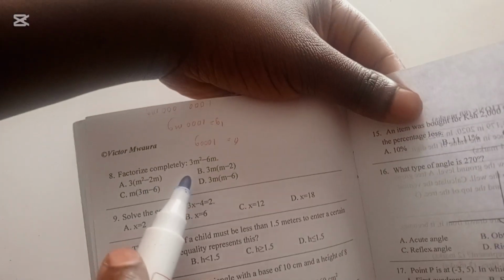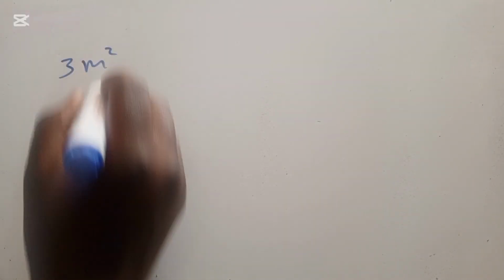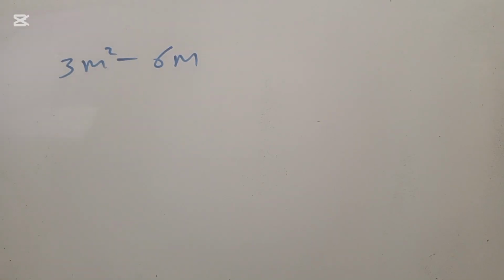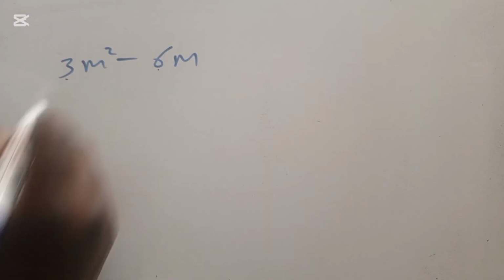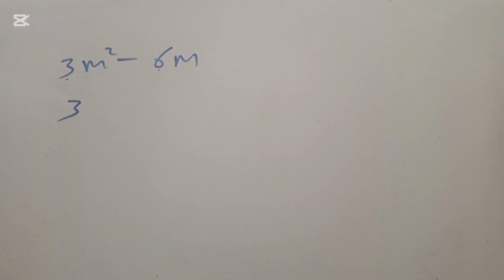Now, the question: we are told to factorize completely. So you have 3m squared minus 6m. Factorizing, we said you look at the common factors. Here 3 is common in both, because 6 you can divide by 3.